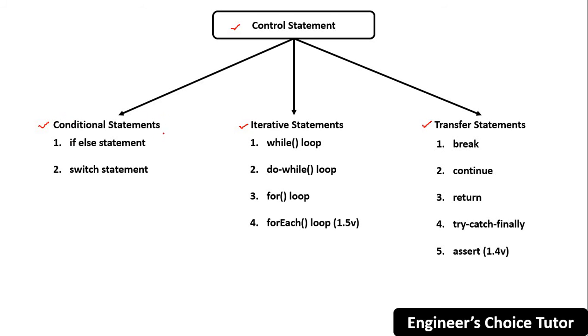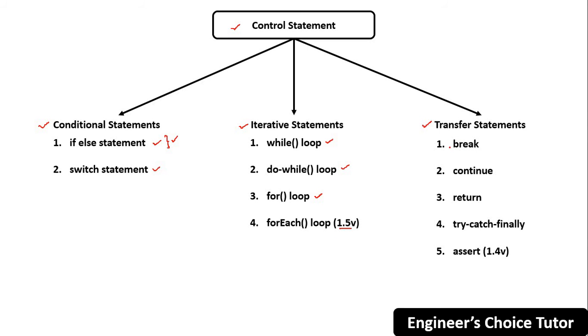So in conditional statements, we will cover the if-else statement and switch statement. In the if-else statement case itself, I will cover simple if-else, then if-else-if ladder, then nested if. Fine. Then we have iterative statements like while loop, do-while loop, for-each loop, which was introduced in the 1.5 version.